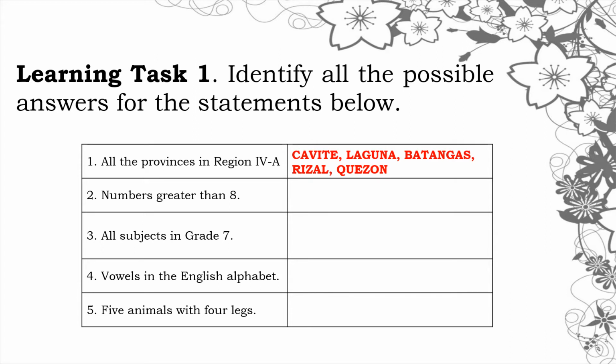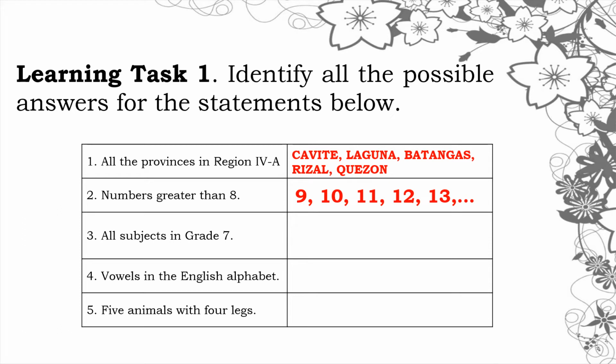Next, number 2, numbers greater than 8. So we have 9, 10, 11, 12, 13, and so on. If your answer is greater than 8, that is also correct.